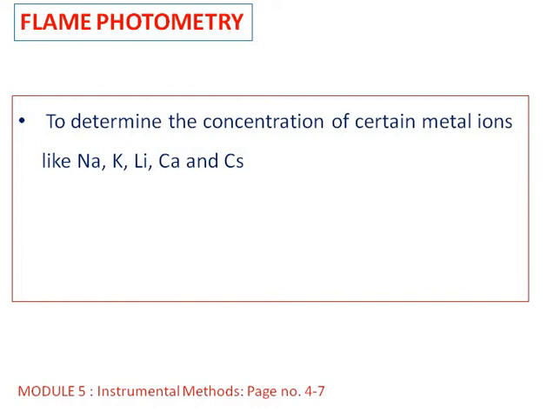You might have observed the Bunsen burner test with metals like sodium, potassium, lithium, calcium, where they gave different colors. Based on the colors we identify the element present in a given sample; that is the flame test that we usually carry out in inorganic qualitative analysis.